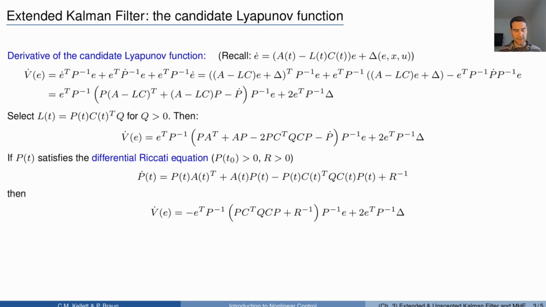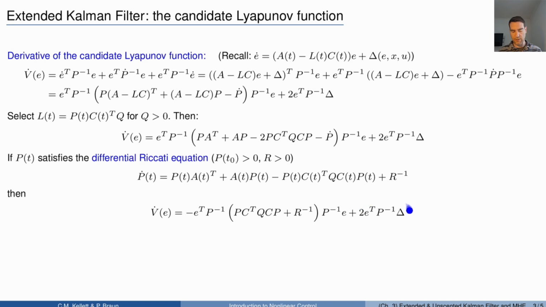If we then replace P dot of t in V dot, then we end up with the expression here, where we have a positive definite matrix in the middle in terms of R minus 1, which means this matrix, or function, because this is actually time dependent, even though this is not explicitly written here, this is a positive definite function. P is a positive definite function, meaning we have a positive definite term here.